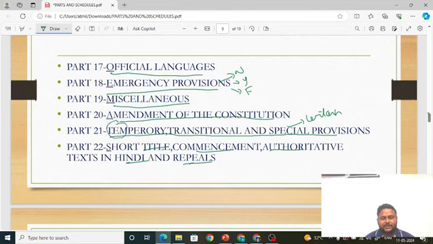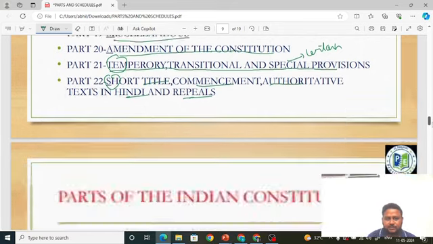Trampled it means temporary, transitional and special provisions. And suddenly, S, stands for short title, commencement, authoritative text in Hindi and repeals. Okay friends, this is the mnemonic to remember the parts of the constitution.